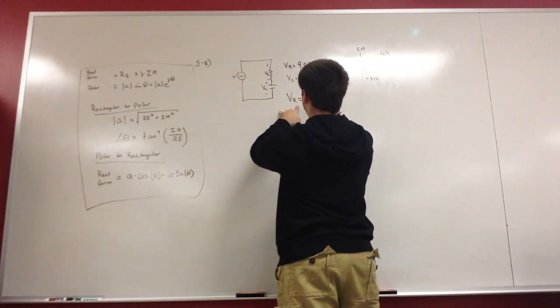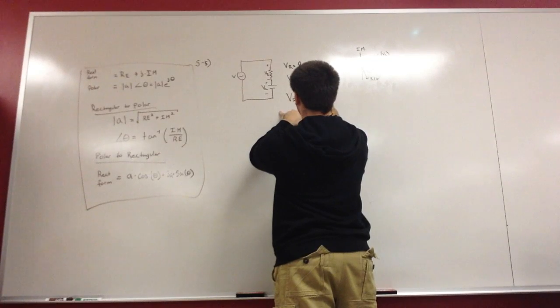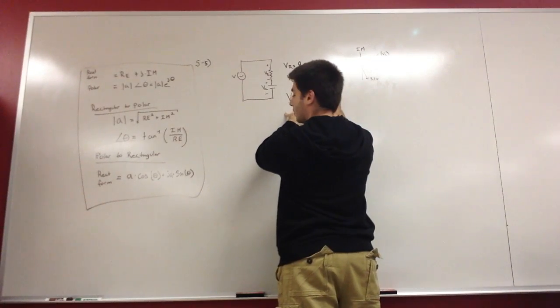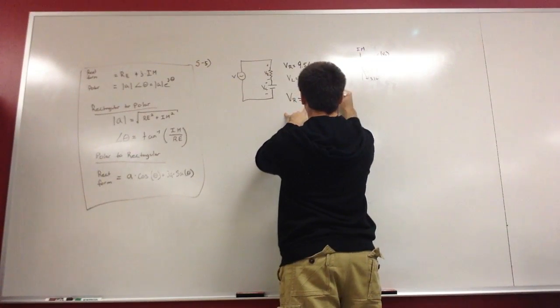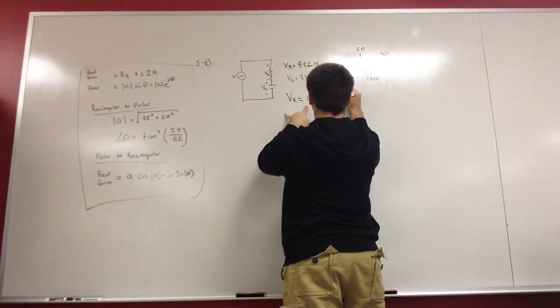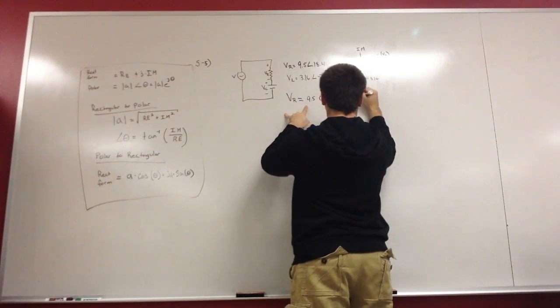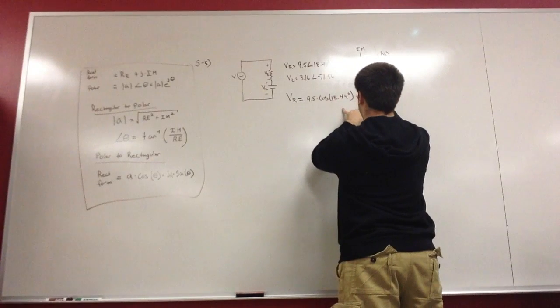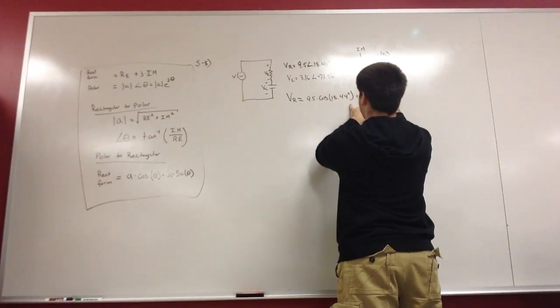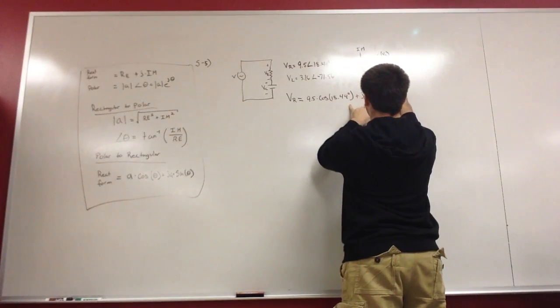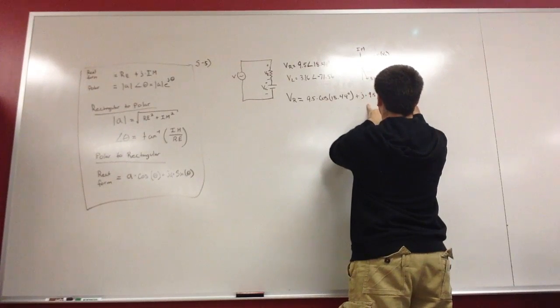So V sub r is equal to 9.5 times the cosine of 18.44 degrees plus j times 9.5 times the sine of 18.44 degrees.